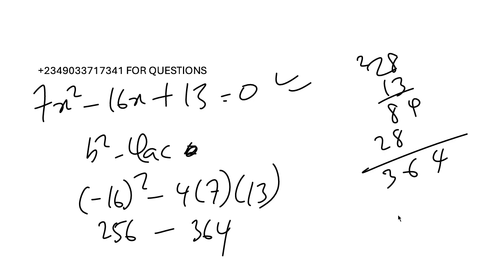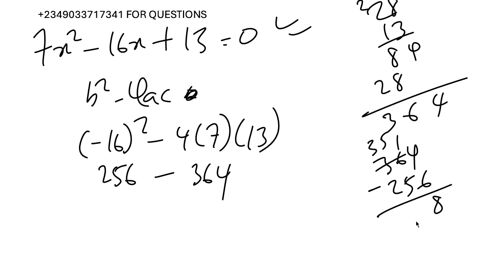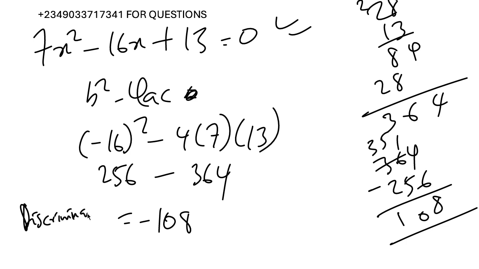So 256 minus 364 is what? You can write it as 364 minus 256, which leaves us with 108, so that's negative 108. So this is the discriminant, right? In case you're asked what the discriminant is, this is the discriminant, which is b squared minus 4ac, right?